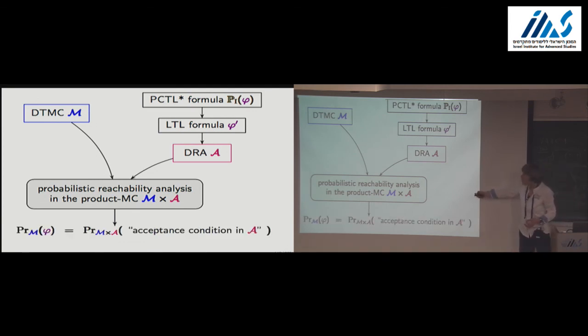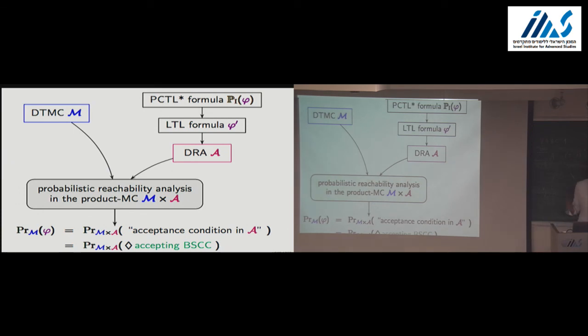And from then on, we can say the probability in the Markov chain for this formula phi equals the probability in the product to satisfy the acceptance condition of the automaton, which in the case of the Büchi condition would be a repeated reachability constraint, which again is reducible, and here we use this fundamental property of finite state Markov chains, to a probabilistic reachability condition.